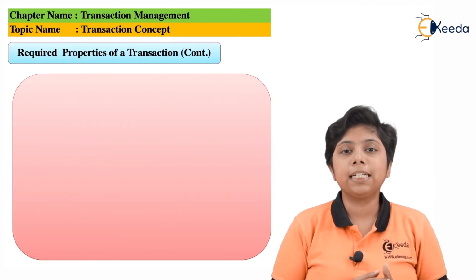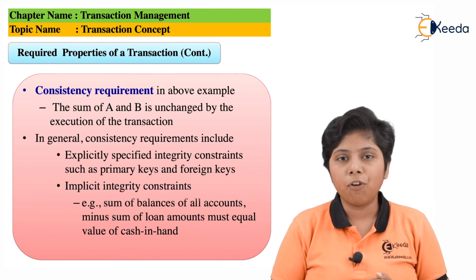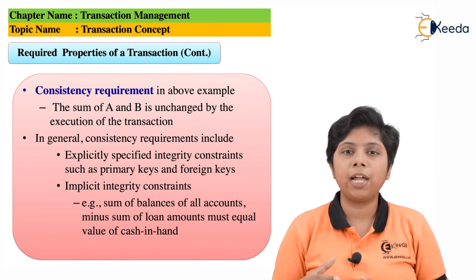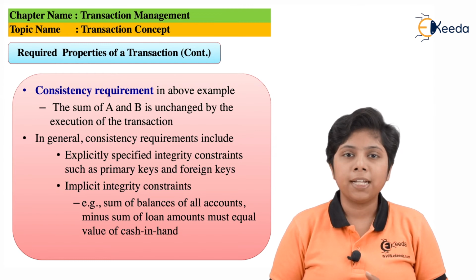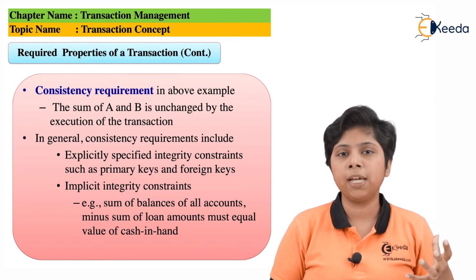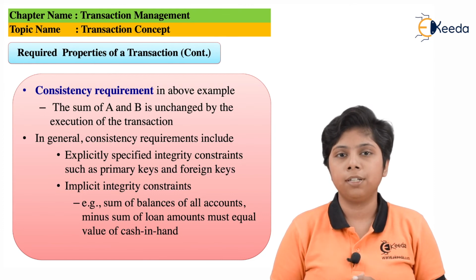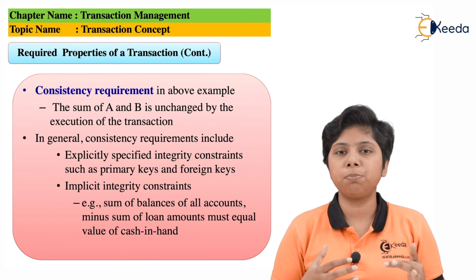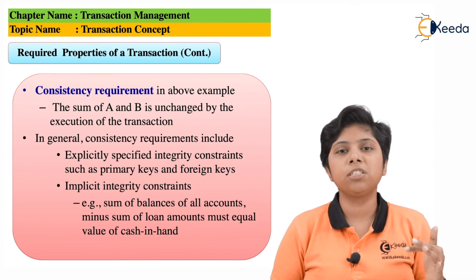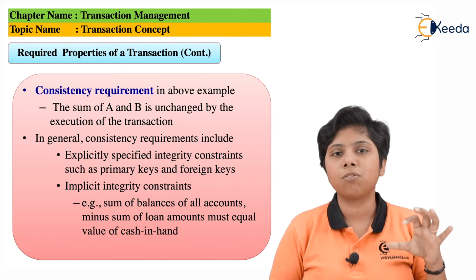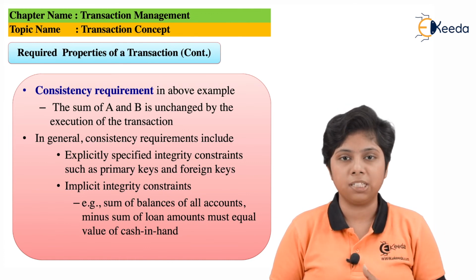The next is consistency. Say, for example, that we have not maintained the old values of A and B. Suppose our account B has $1,000 and A has $2,000. Now we subtract from account B, which is the first part of the transaction, and it reaches $950. Now the transaction fails for some reason.